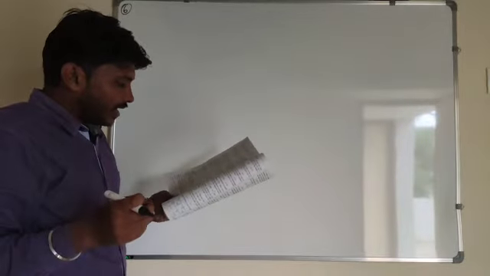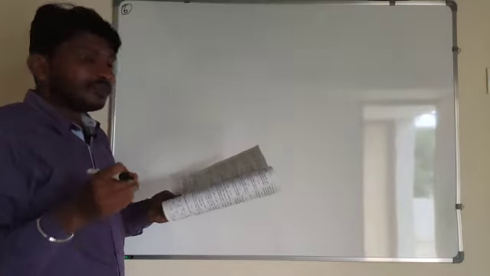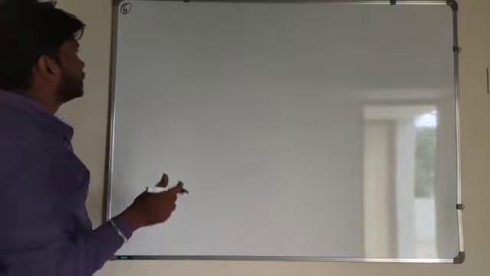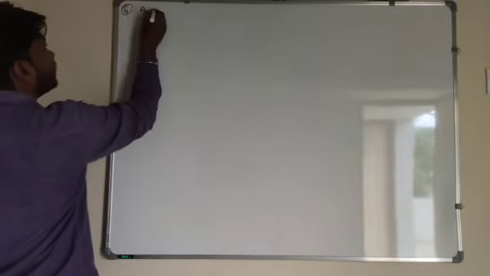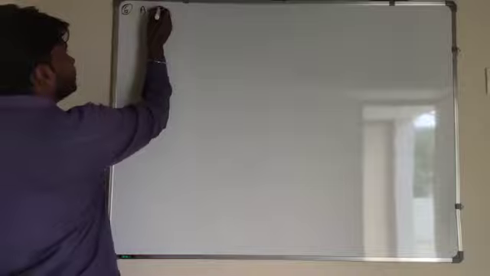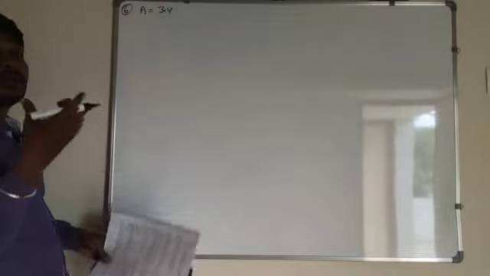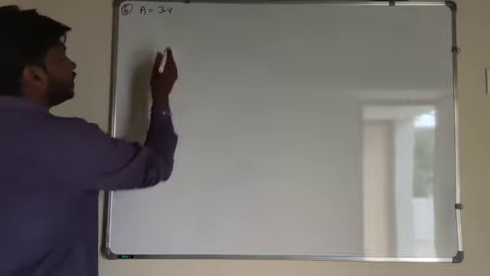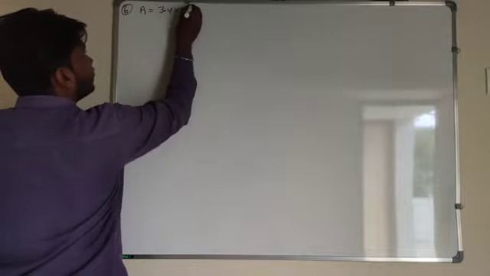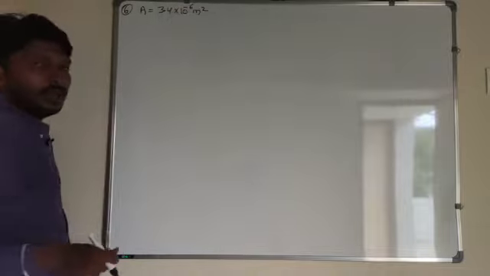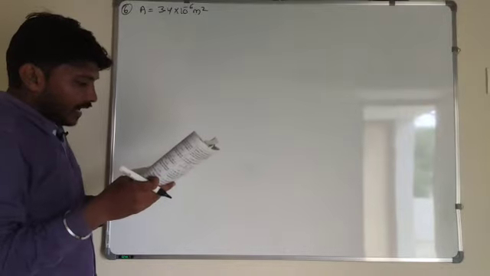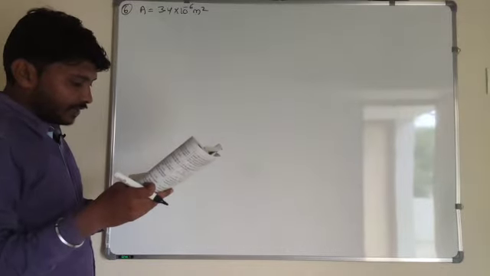A copper wire of cross-sectional area 3.4 millimeter square here. So one copper wire is there, its area is 3.4 millimeter square. Millimeter means 10 to the power of minus 3, millimeter square means 10 to the power of minus 6 meter square here, and length of the wire is 400 meter.